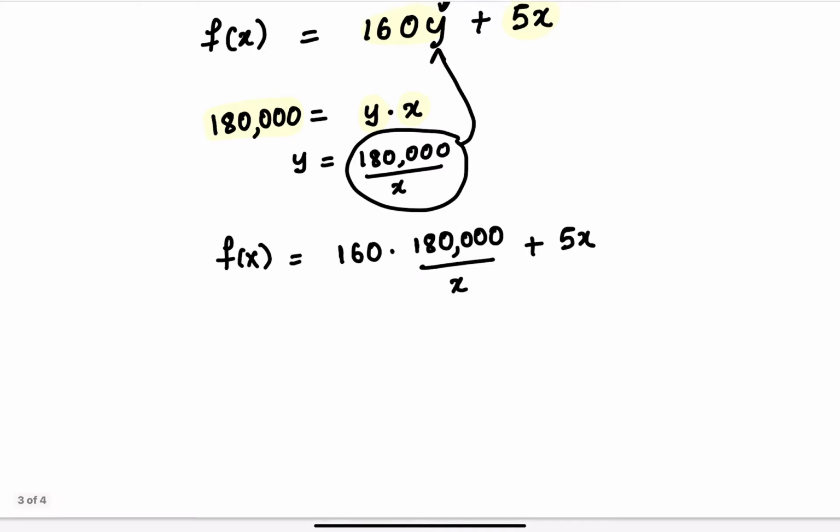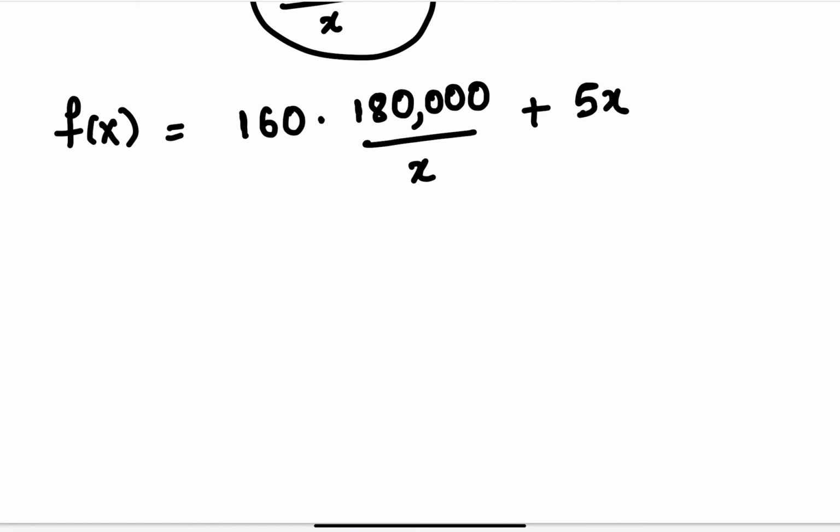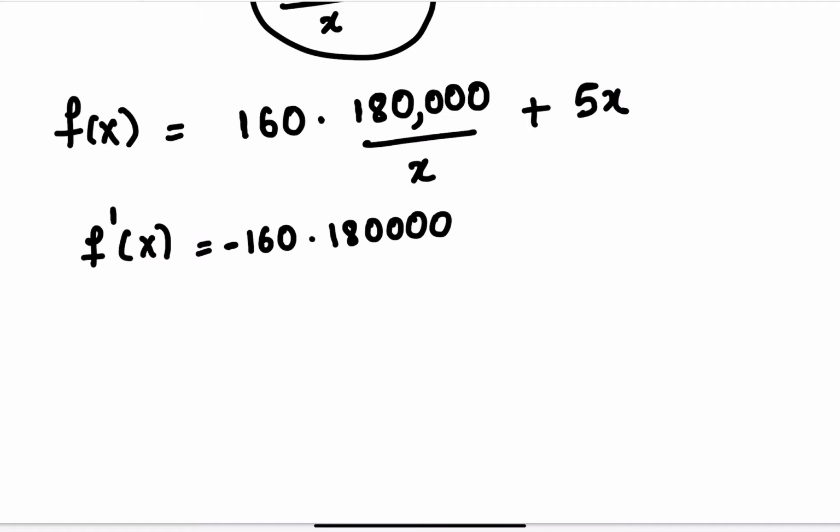Once I have my mathematical model, to find the minimum value I have to find the first derivative, which is negative 160 times 180,000 over x squared plus the derivative of 5x, which is 5. And keep in mind, you set this whole thing equal to 0.